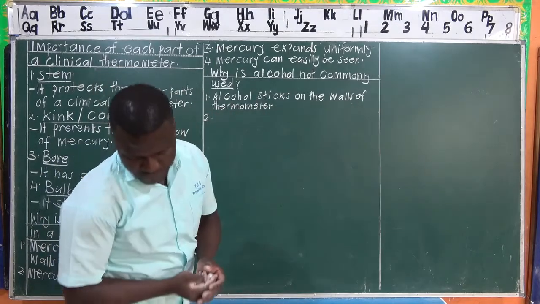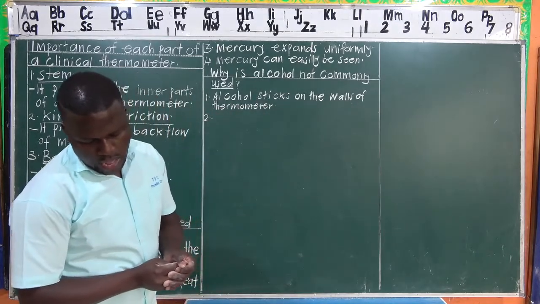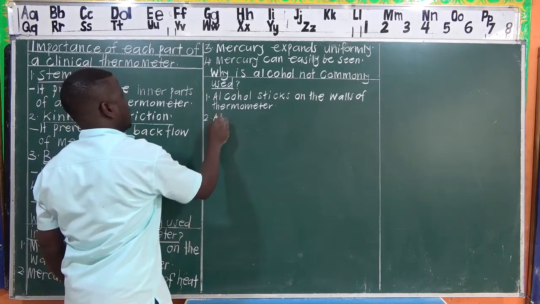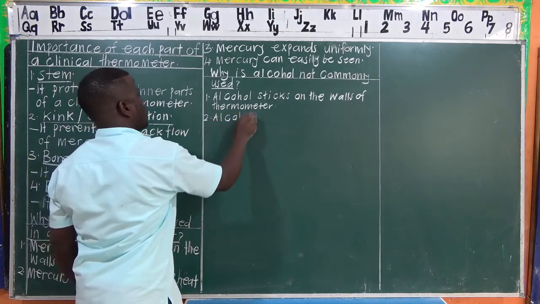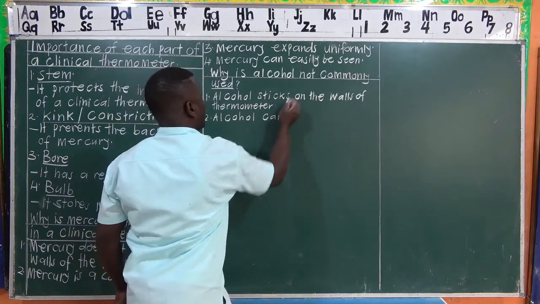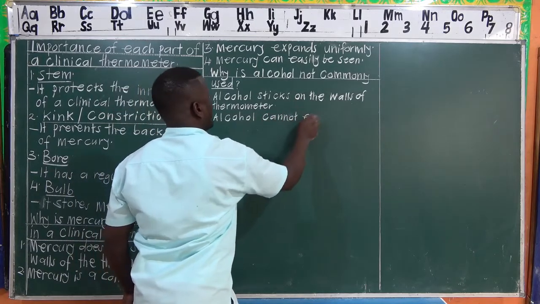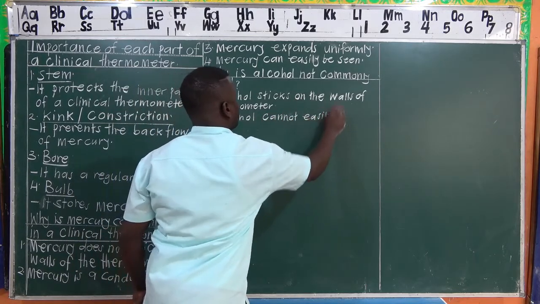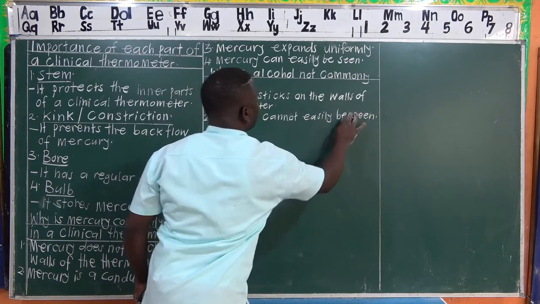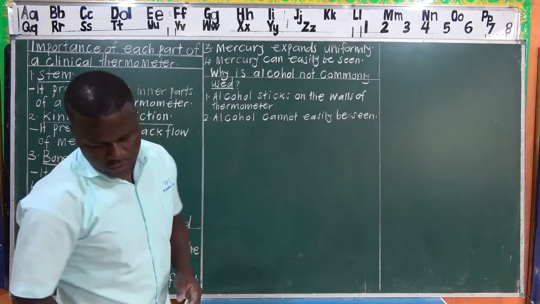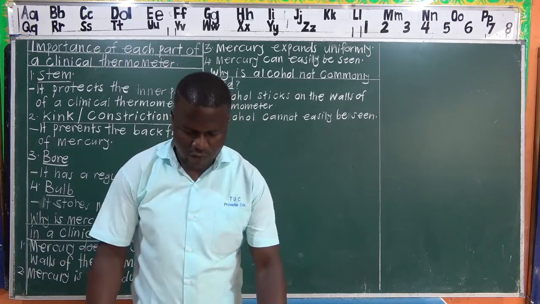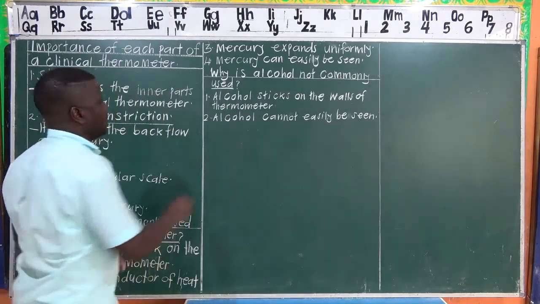Then number two, alcohol is not easily seen. Because alcohol is colorless, it cannot easily be seen. Then alcohol does not expand uniformly.